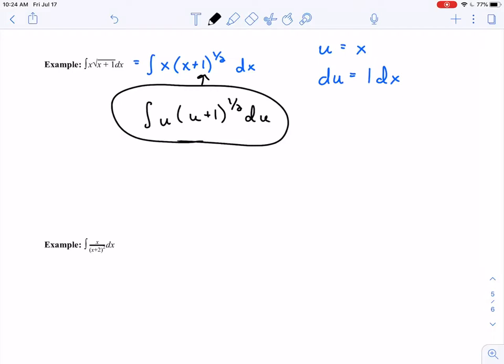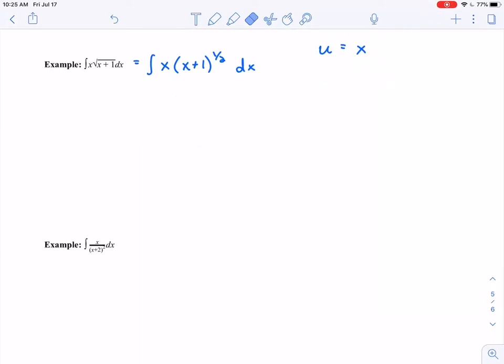This is not easier to work with. So that tells me I've made a wrong choice of u. And this is always going to be the case. You should never, ever, ever just pick x for your u. It has to be something more complicated than that. There has to be more to it than that. So that means we need to try something else.